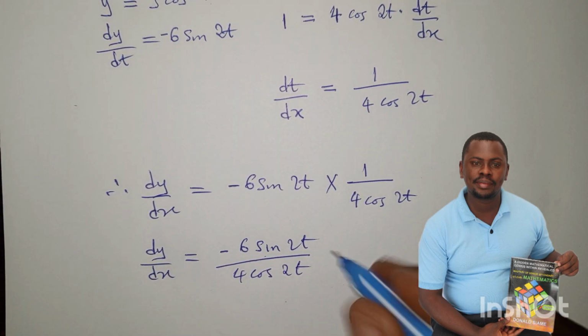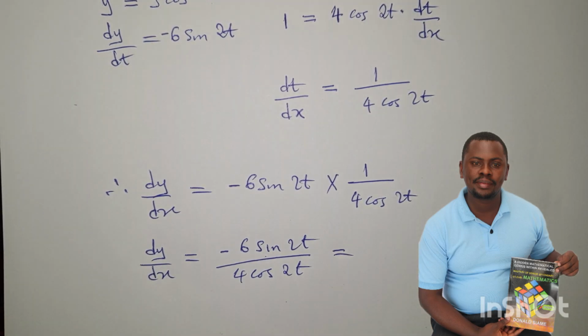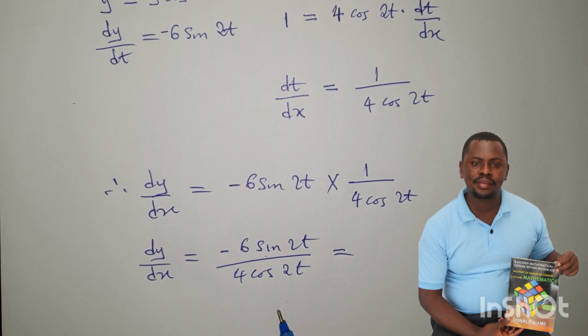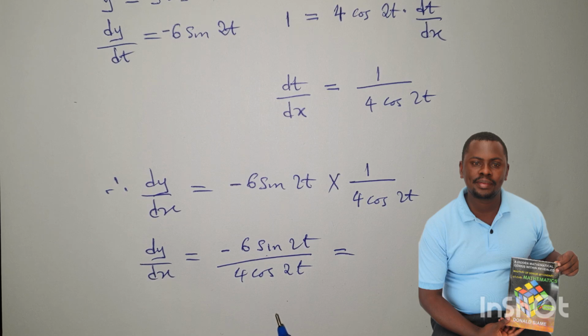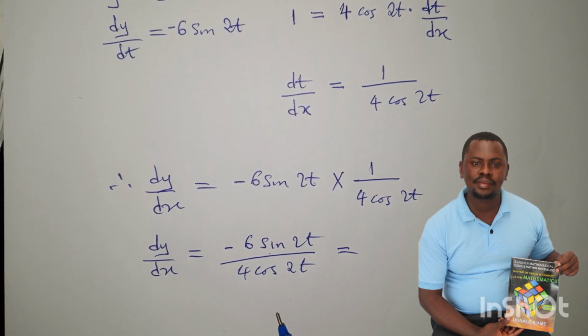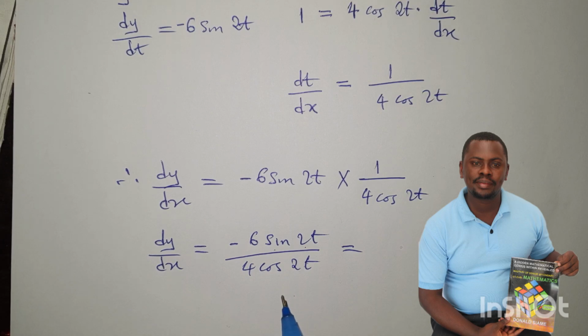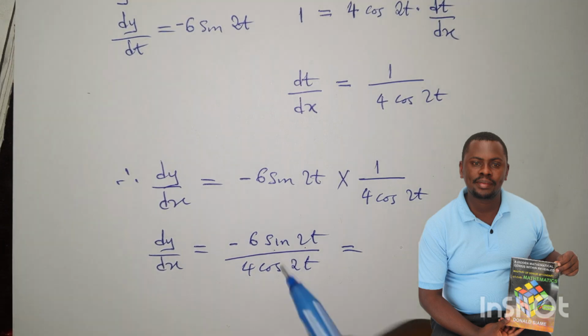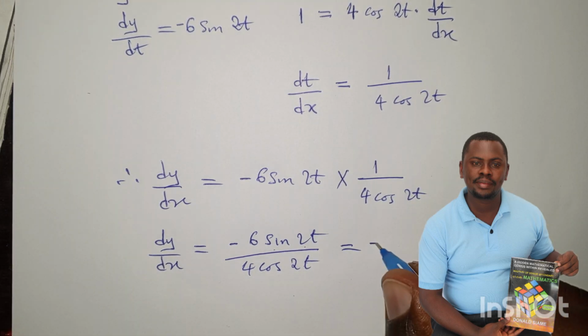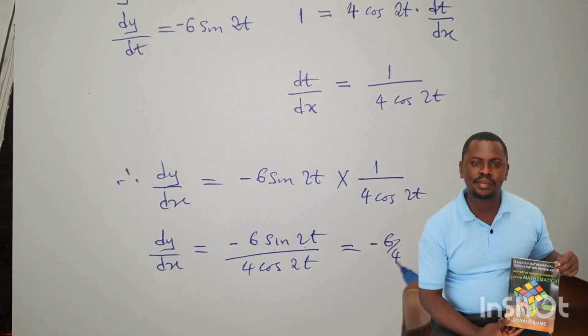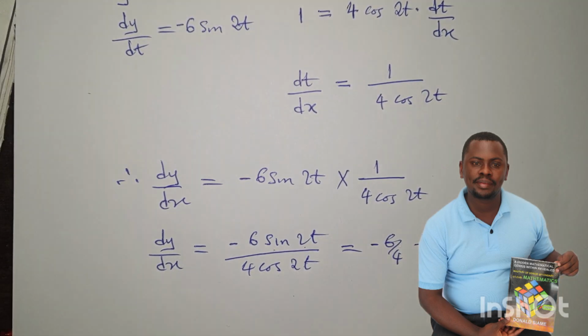Okay, so sin 2t over cos 2t will give us tan 2t, because sine over cos is equal to tan. So we are going to have minus 6 over 4 tan 2t.